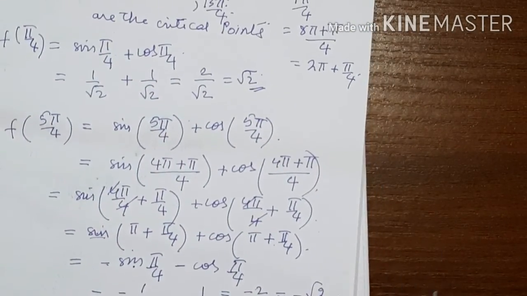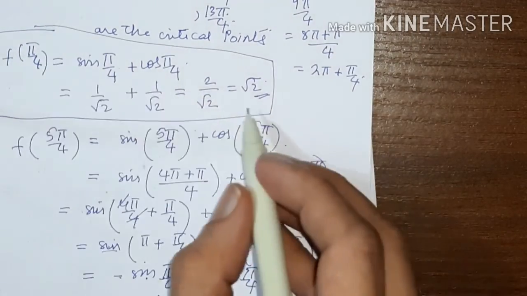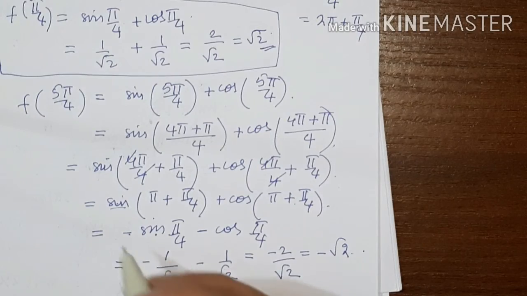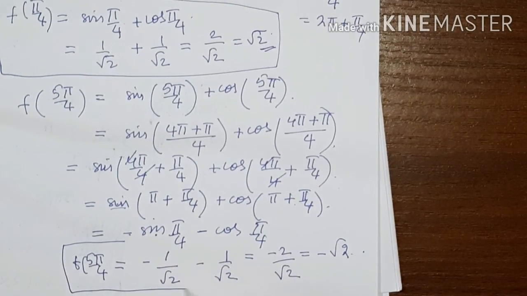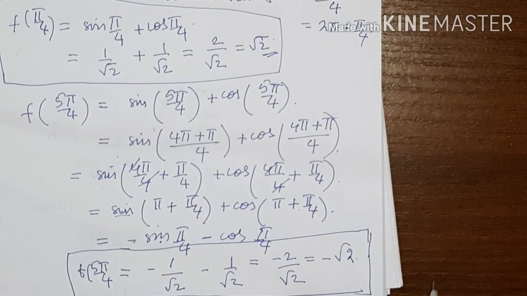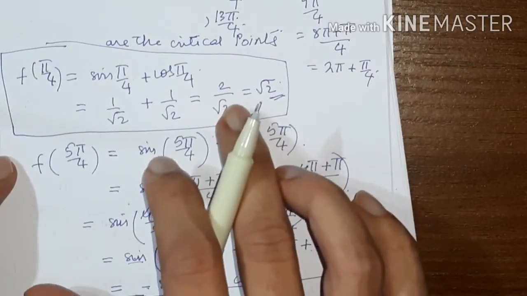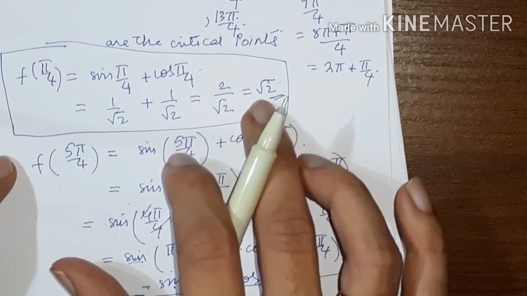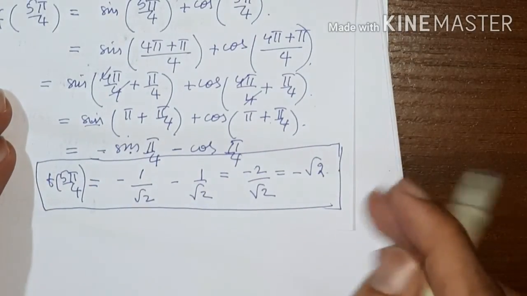Now the two main values are f of pi by 4, that is root 2, and f of 5 pi by 4. These are the two main values. So what you see here, the maximum value is root 2, and the minimum value is minus root 2.